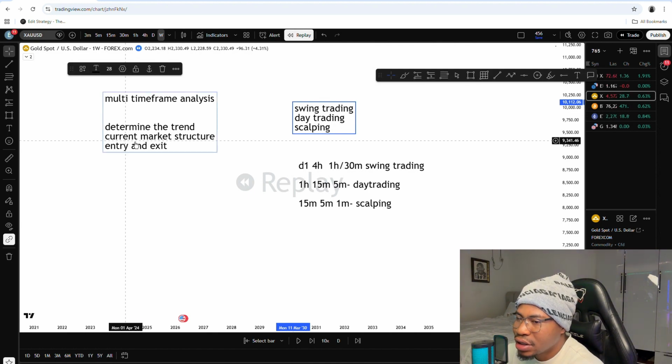Maybe for this class, I'm choosing 3 because 3 is what I use. So we are going to choose 3 based off of the kind of trader you are. We are coming to this later. We have swing traders, day trading, and scalping method. We're coming to this later, but I'm going to be choosing my time frames for my multi-time frame analysis, and there's a reason for these 3 time frames.